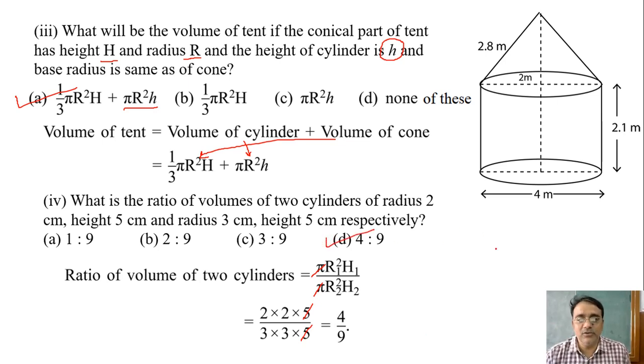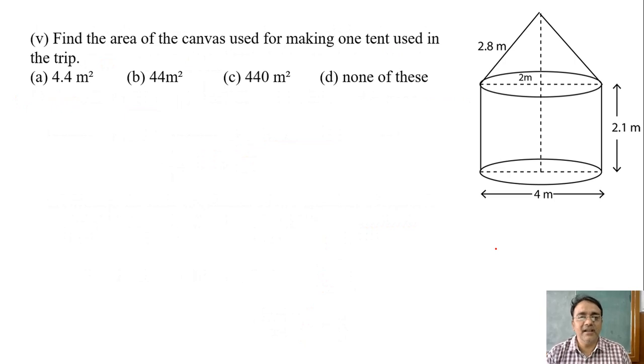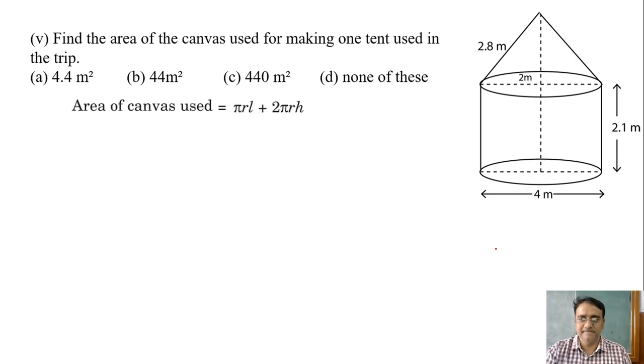So now we are moving toward the last question. Find the area of the canvas used for making one tent used in the trip. Already we got the formula that the area of canvas used is 2 pi rh plus pi rl. So we can take common from these two. What can we take common? Pi r. If we take pi r common, we will write 2h plus l.